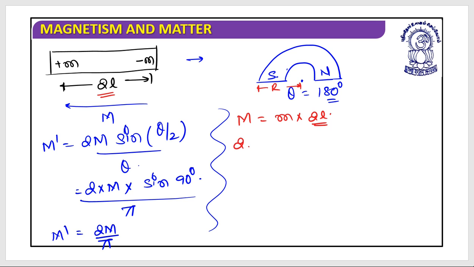So I can write 2l is equal to pi into r, because this is just a semicircle, and r could be replaced, if required, by 2l by pi. Now what is m dash? We can write m dash is equal to m multiplied by the distance between two monopoles.